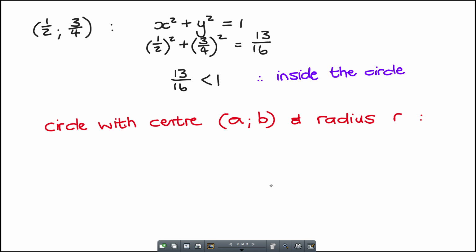So previously, my equation was x, and you'll understand why I put it so far just now, square plus y squared was equal to radius squared. Remember we said that 1 squared still remained 1.